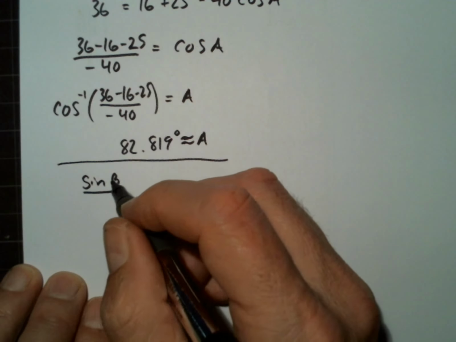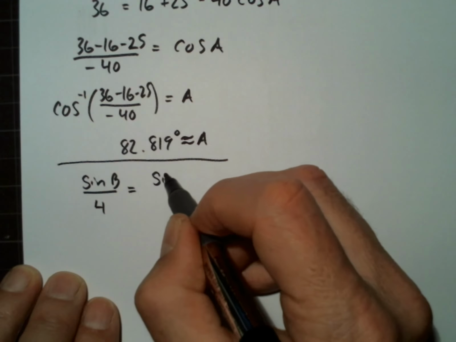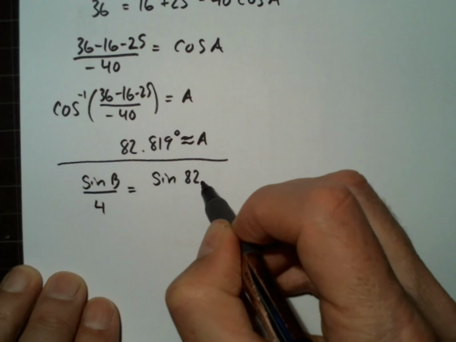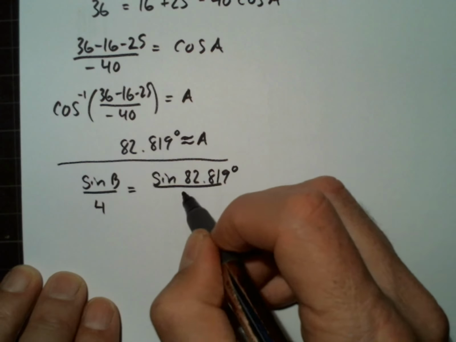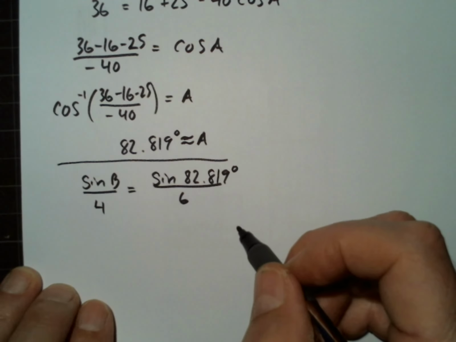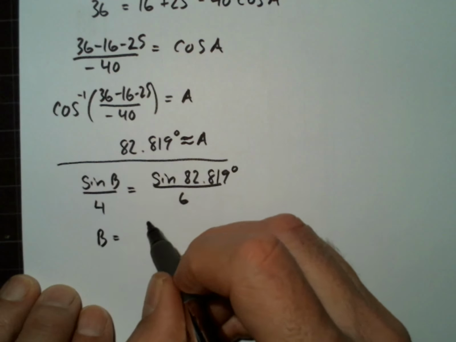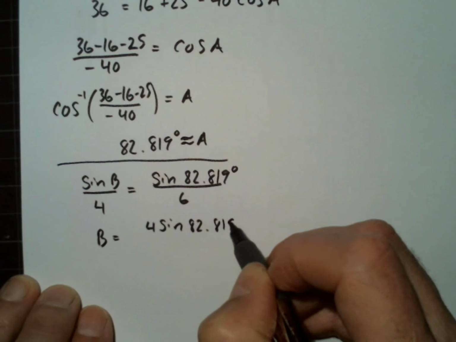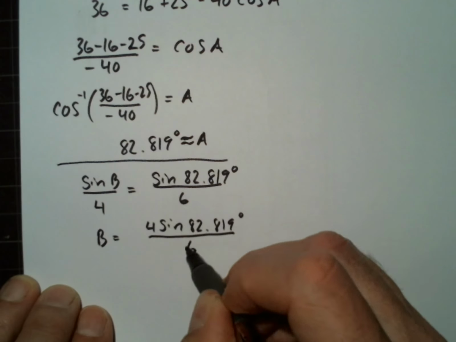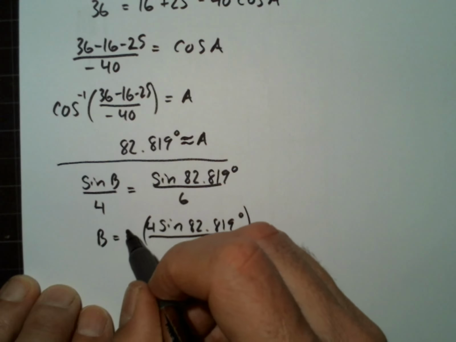Sine B over side B equals sine A over side A. We're going to multiply by 4 and do inverse sine.